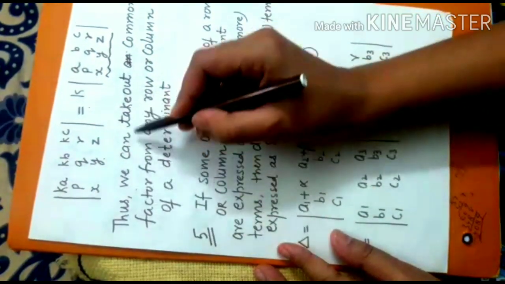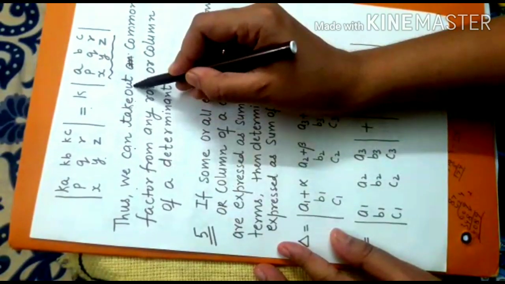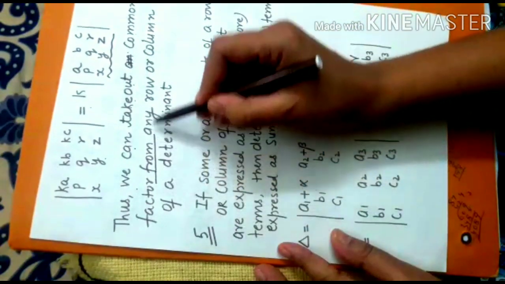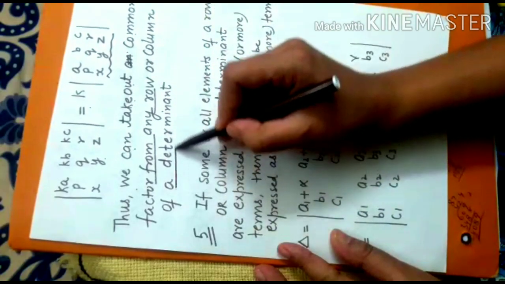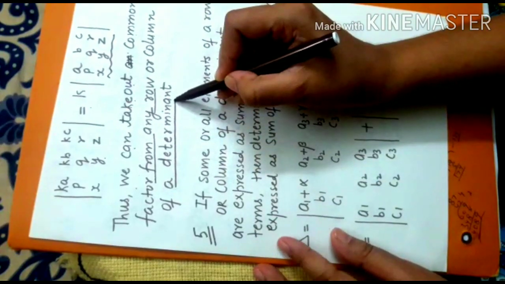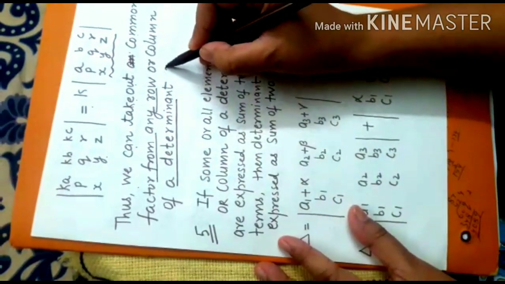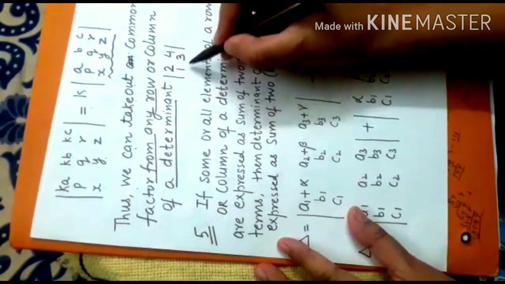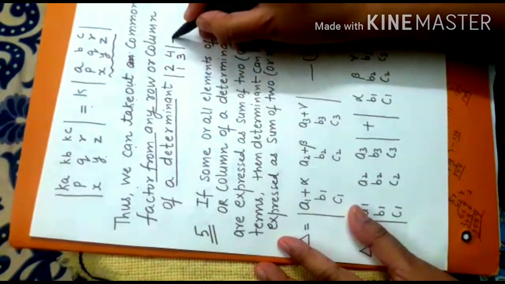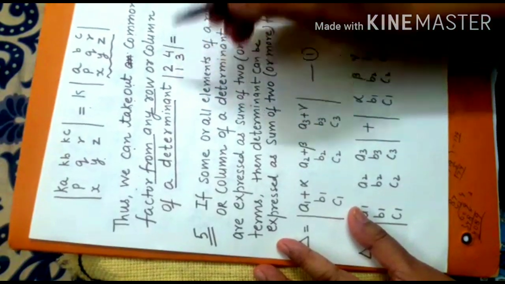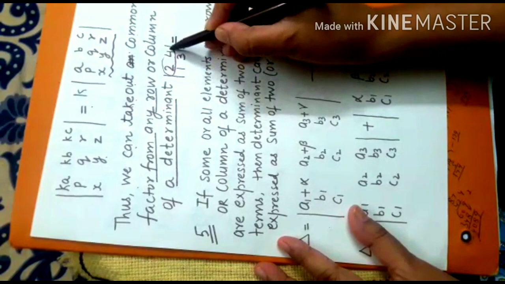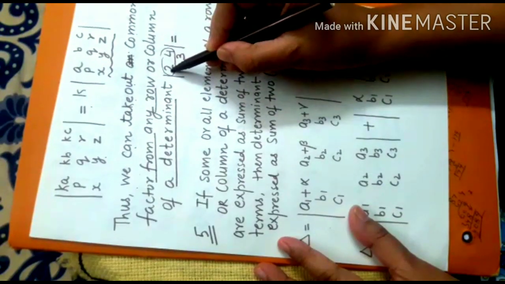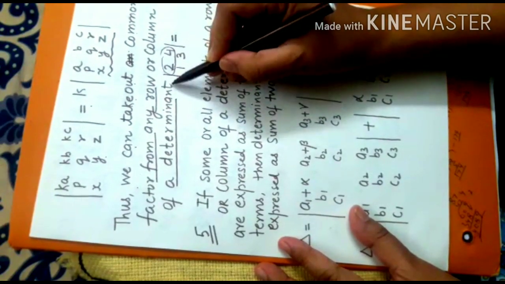So thus we can take out a common factor from any row or column of a determinant. That means if I have a determinant with elements 2, 4, 1, 3, I can take the common factor 2 out from the first row.